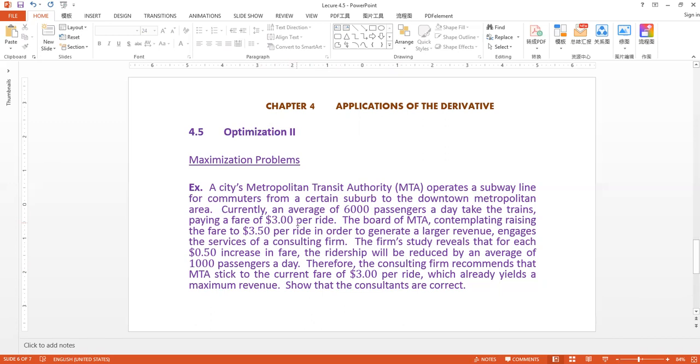When the price changes, the passenger number changes. We can call this price P, per ride, and the total number of passengers X per day. And then we can also call the total revenue R.